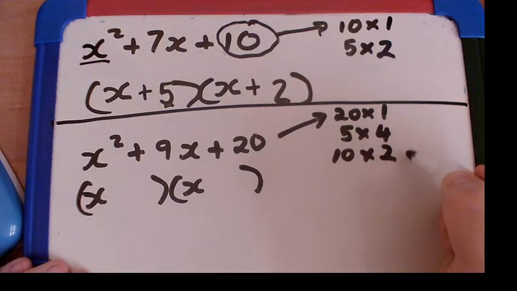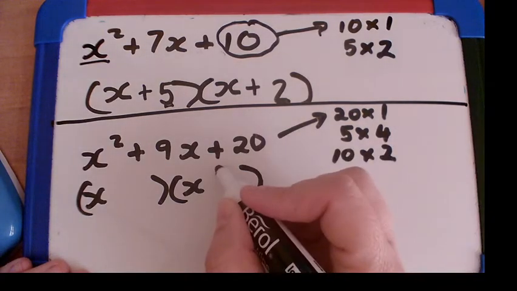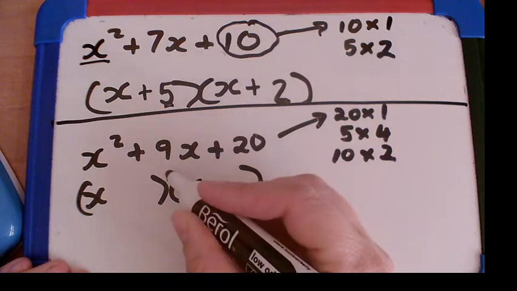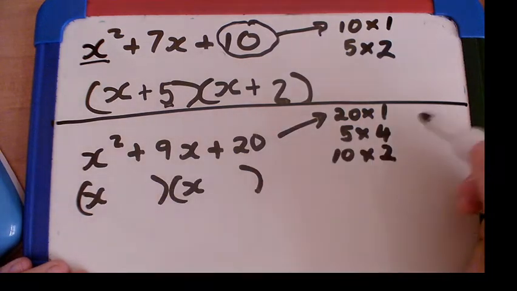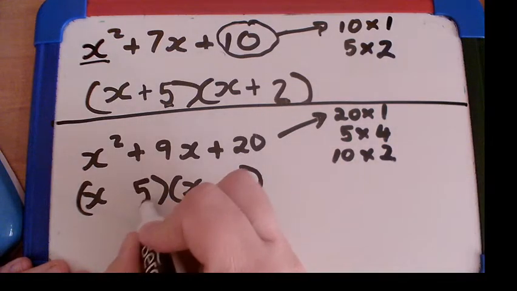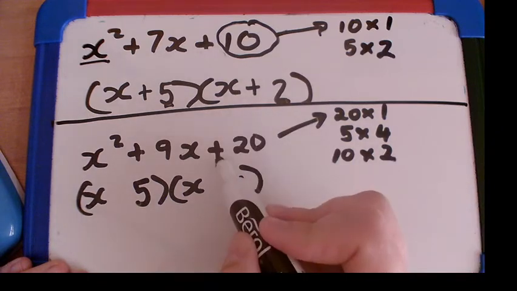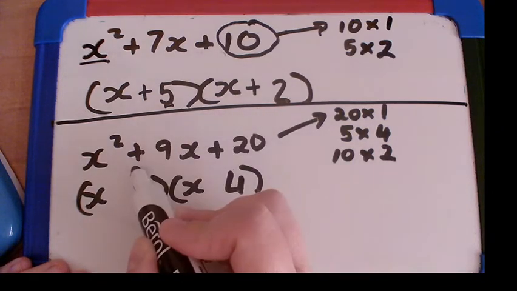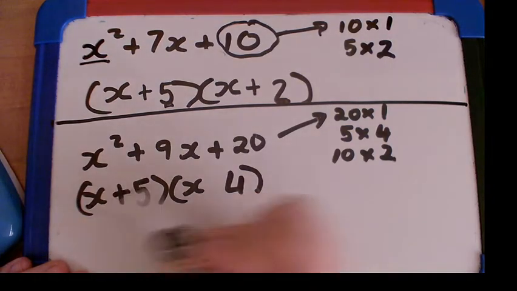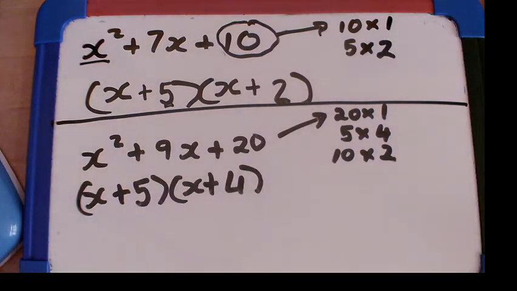Which one of these three options adds to give me 9? Well, it must be the 5 and the 4. So 5 goes into one bracket, 4 goes into the other. And because these tell me they have to be the same, and this is a plus, they must both be pluses. And it's factorized.